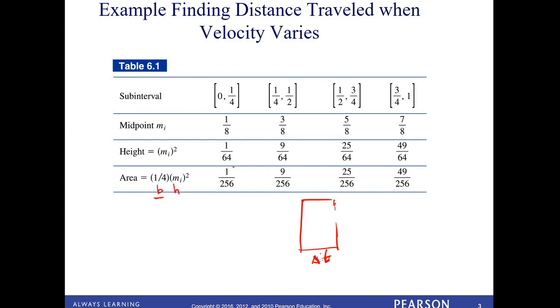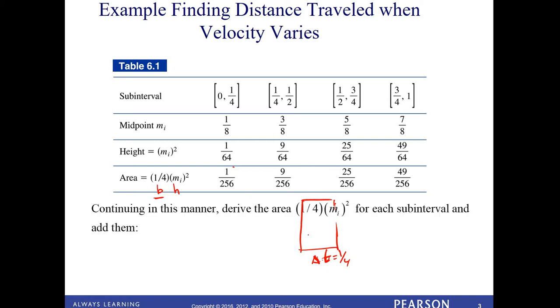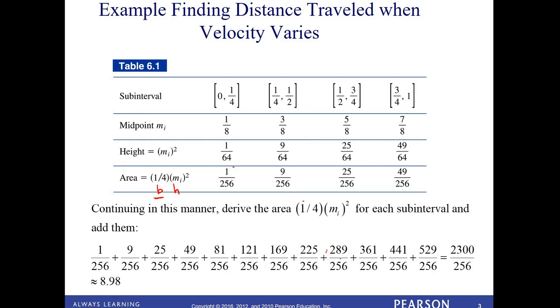Our base width is 1/4, and our height varies as our function varies. By adding all of these up, calculating the area of each little interval, we get all of these equations and we get this value, which is approximately 8.98.